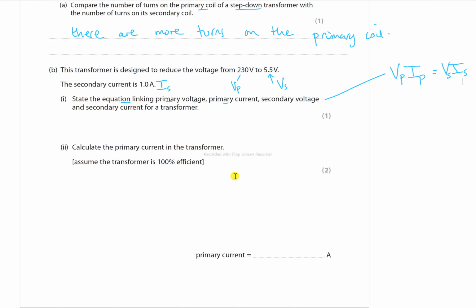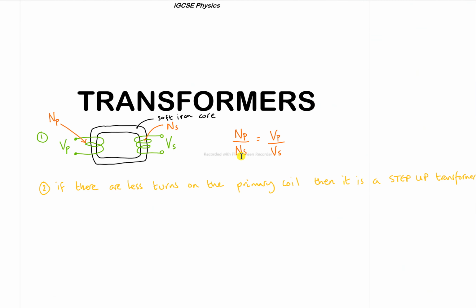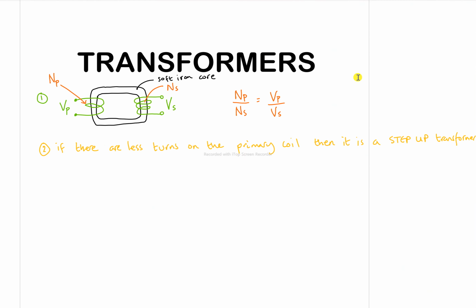We need to write that down. It's good to know this, so then you know that they exist. And if you know they exist, it's a good thing. So voltage primary times current primary equals voltage secondary times current secondary.